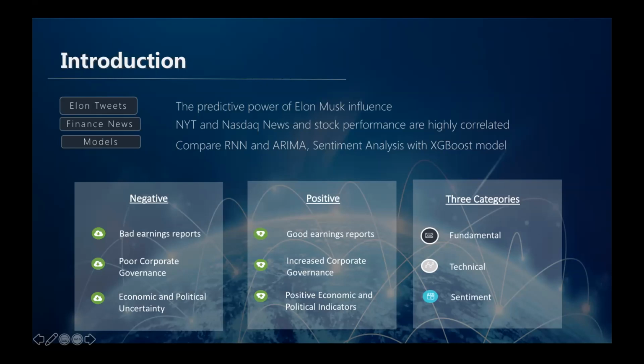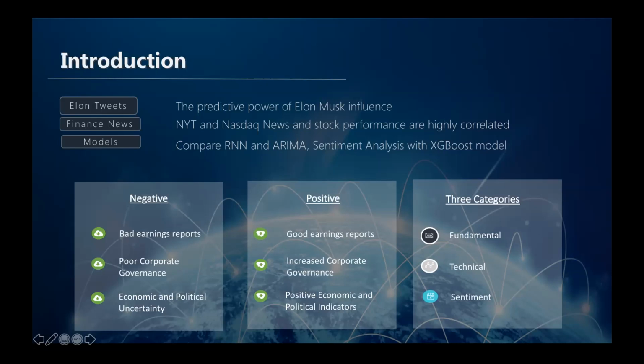So in order for investors to utilize it, it is imperative for business analysts to understand the behaviors and attitudes of the public within the finance context. So my project concentrated on tweets and stock news.